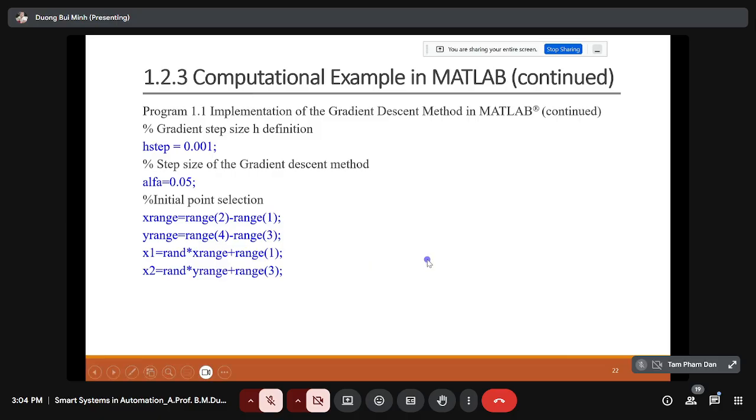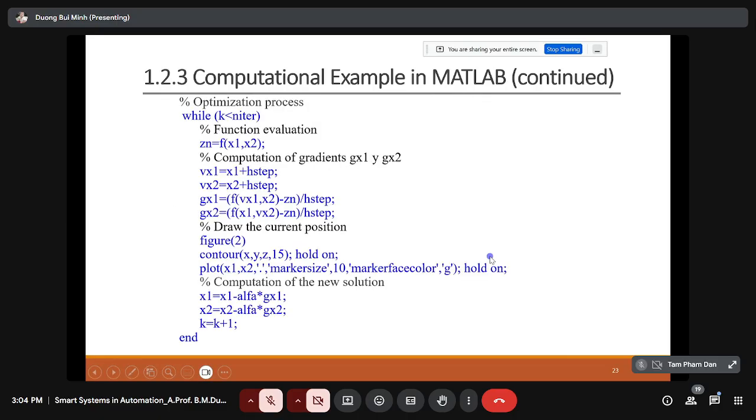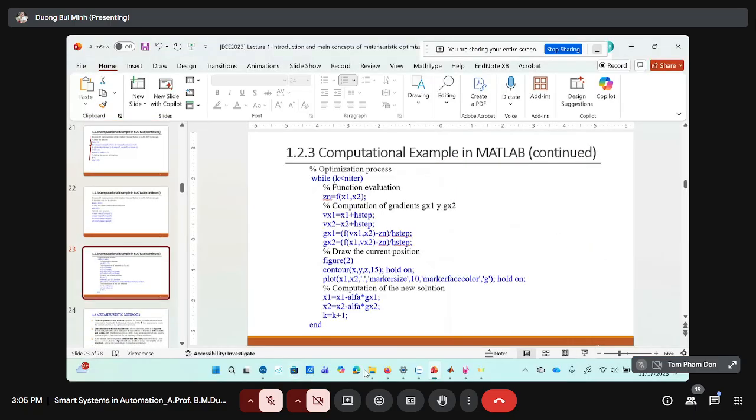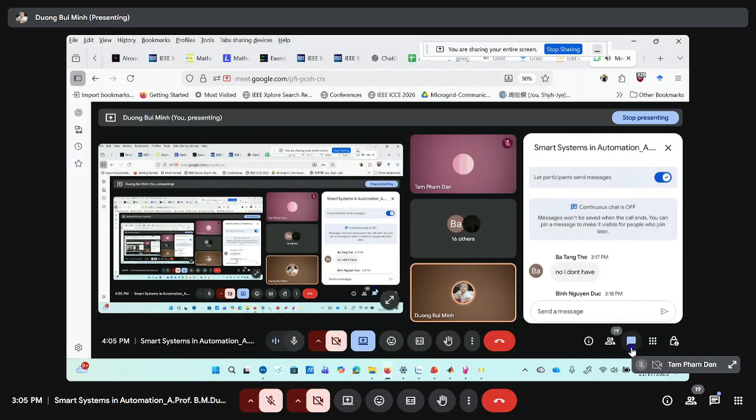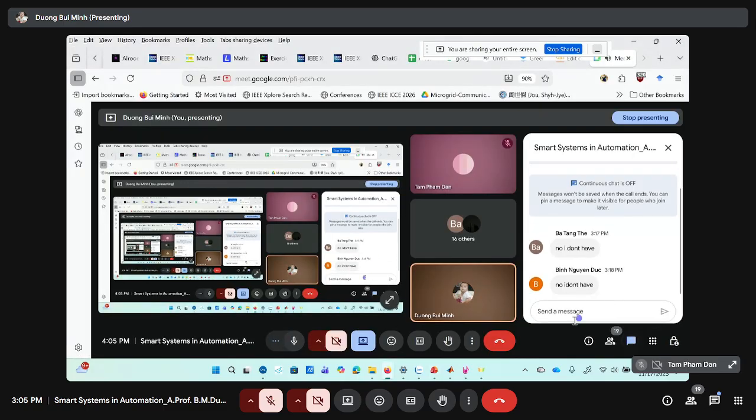How many students have already installed MATLAB 2024B? Just type a message into the chat and I can know.